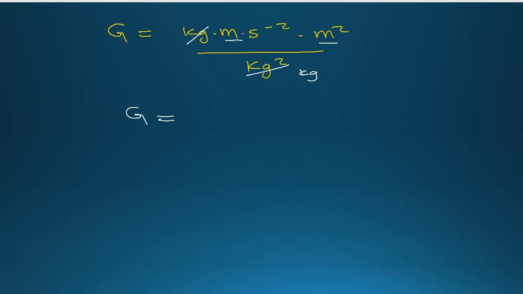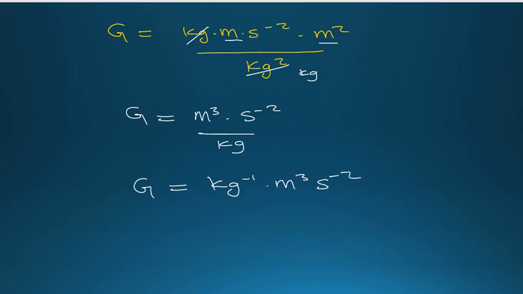We're going to have m to the power 3, then s to the power negative 2, over kg. So taking our kg on top, we're going to have kg to the power negative 1. It is going to gain a negative as usual. Then m to the power 3, then s to the power negative 2. As simple as this, guys. These questions are very, very simple.